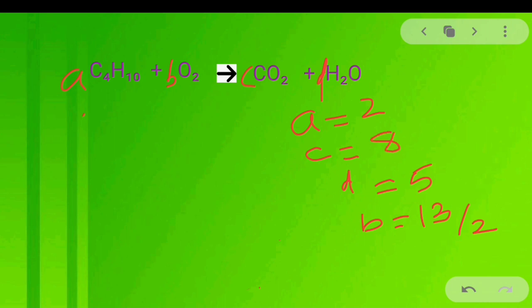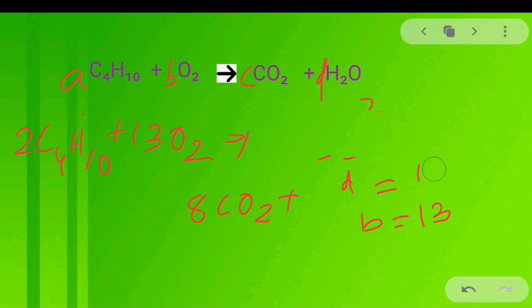And D will become 10. And B will become 13. Now let us put all these values. So 2 C4H10 plus 13 O2 will give you 8 CO2 plus 10 water.